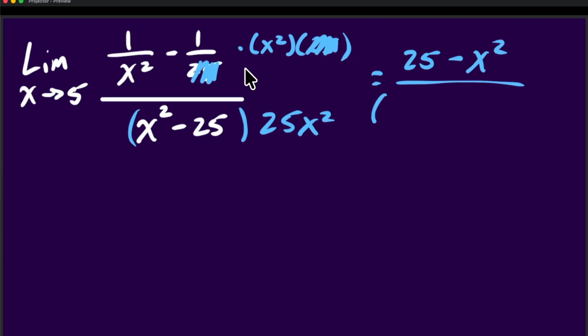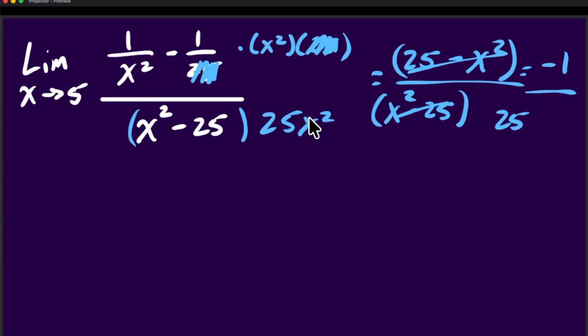Folks, we recognize, again, we're going to have a situation where these two are going to cancel out, and we're going to get -1. And on the bottom, we're going to get 25x squared. We can go ahead and plug in now the 5 into the x squared. It's going to be -1 over 25 squared, otherwise known as -1 over 625.